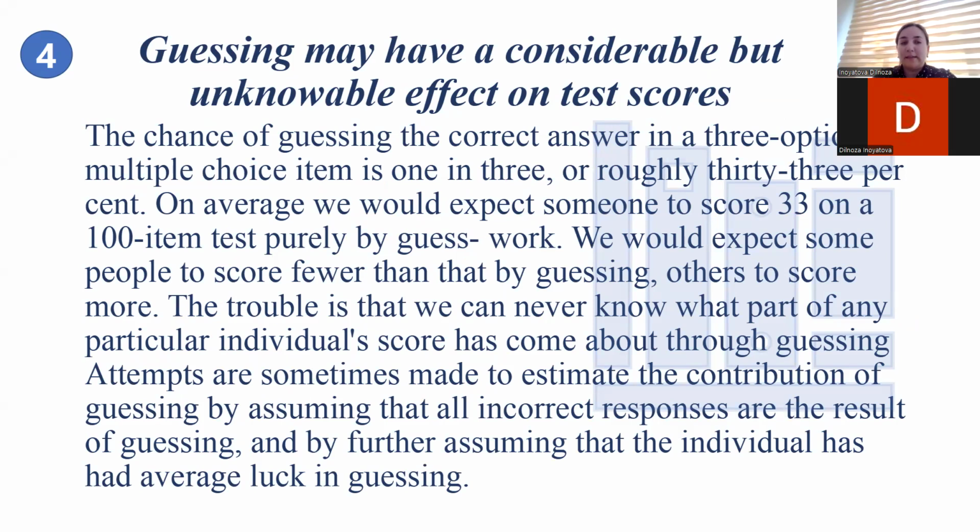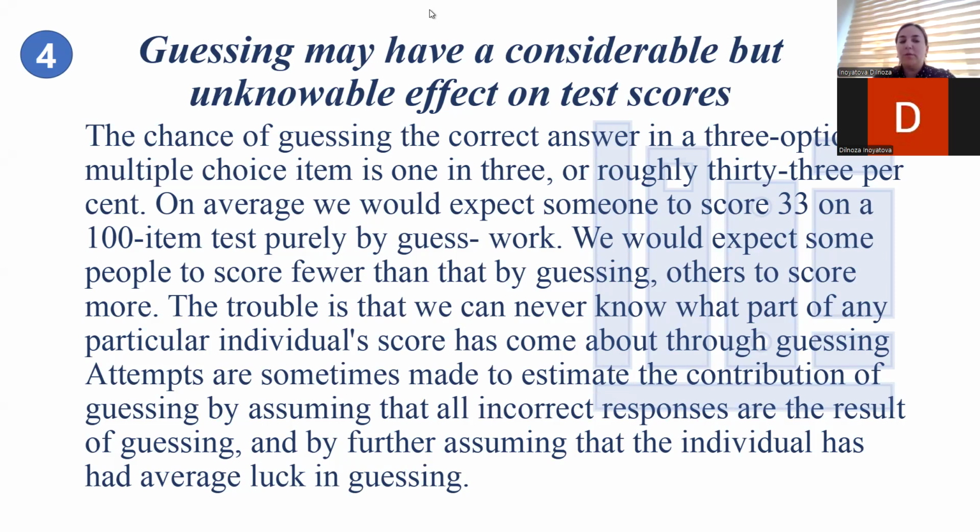Next. Guessing may have a considerable but unknowable effect on test scores. Look, the chance of guessing the correct answer in a three option multiple choice item is 1 in 3, or roughly 33%. On average, we would expect someone to score 33 on a 100 item test purely by guesswork.